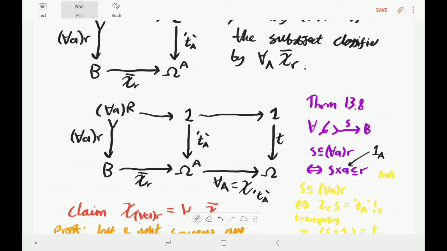How are we to understand this result? Well, basically S is going to be contained in this monic for all AR when S is in the relation with A for all A. Okay, so for all A, S is in this relation.